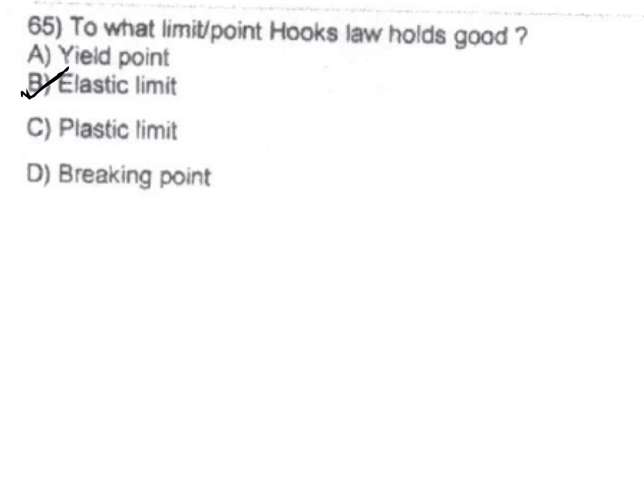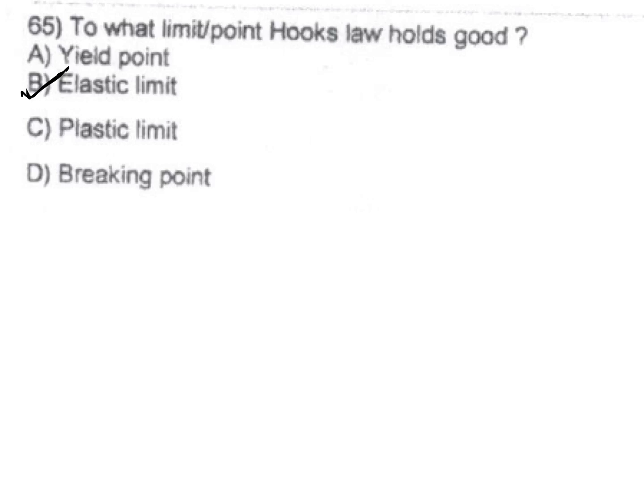So here answer is elastic limit. If in options both elastic limit and proportional limit are there, then answer is proportional limit. Here proportional limit is not available, so elastic limit is the answer.